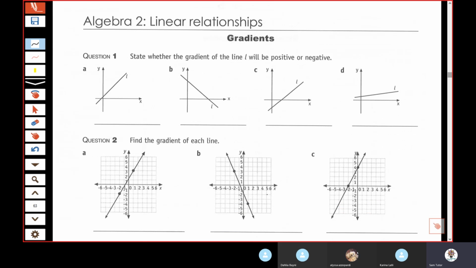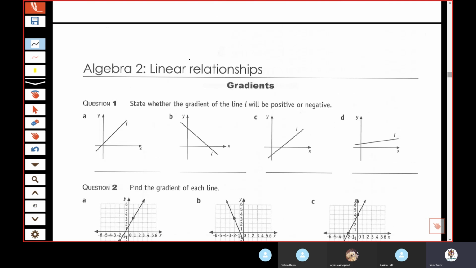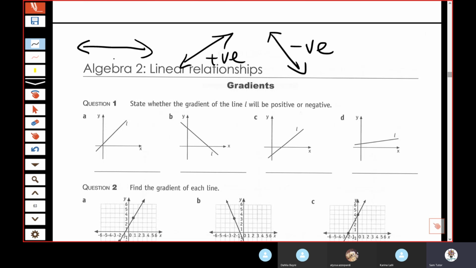Gradients. So, again, you probably remember some of this. But before we start, if it's slope to the right, these are positive gradients. Slope to the left, these will be negative gradients. If they have no slope, so it's a horizontal line, it's called a 0 gradient. So it's got a 0, it's flat.